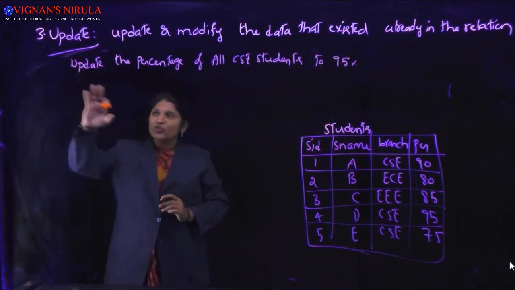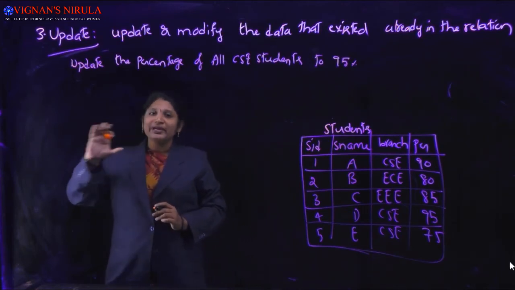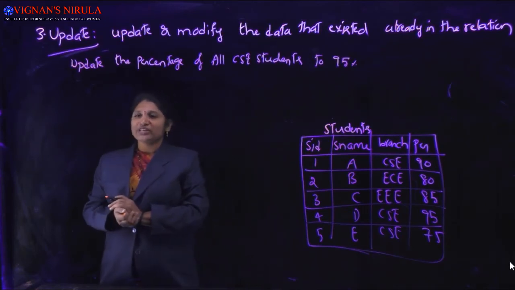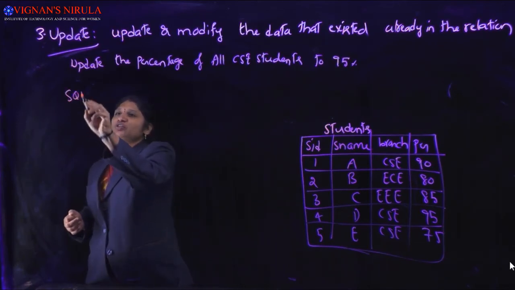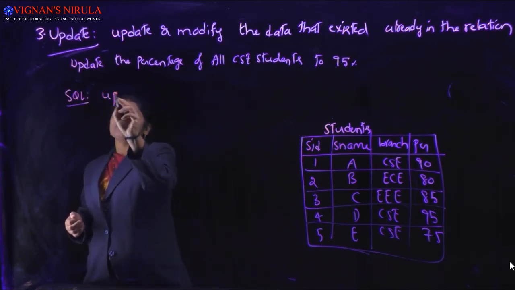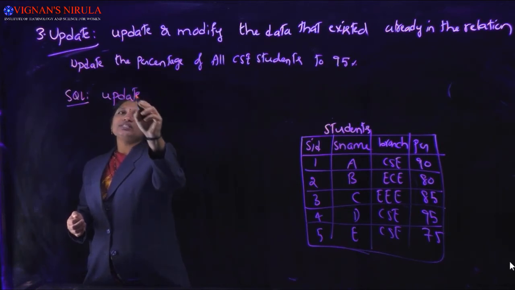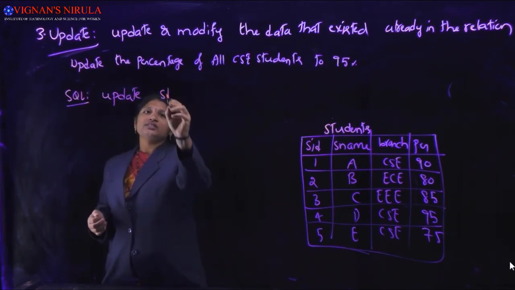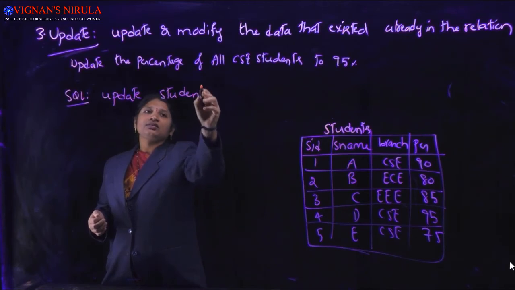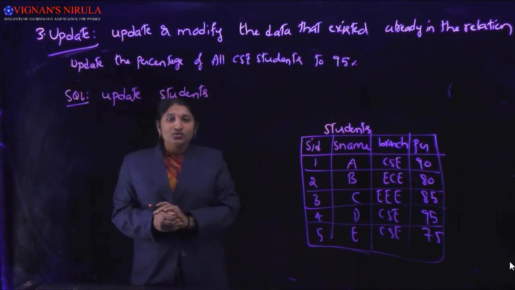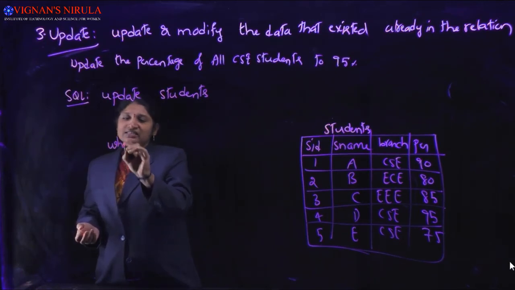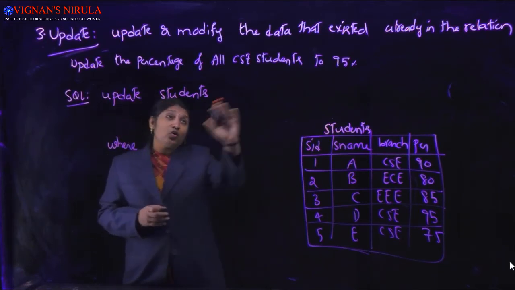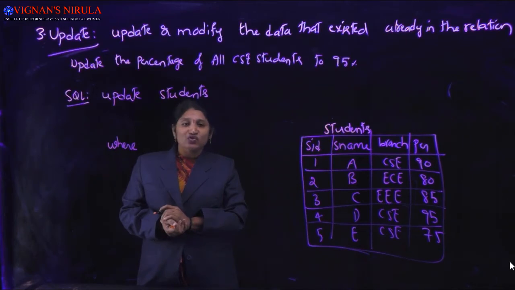So what is the required data? I want to update the student information. So what command can I use? I can use the update command. So at the SQL prompt I can use update. What is the table? Student. So what type of students do I want to update? I can specify in the where clause that all CSE students' percentage has to be modified.